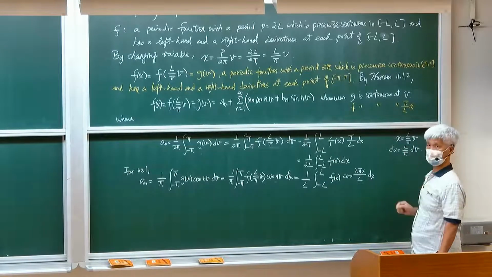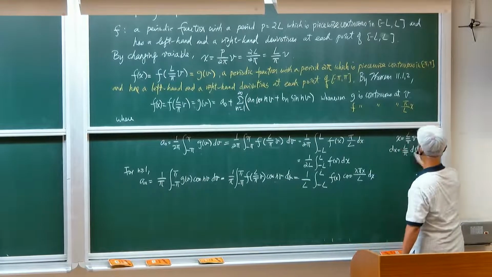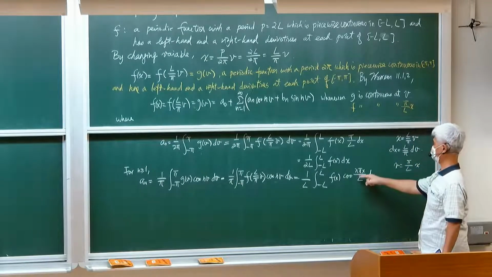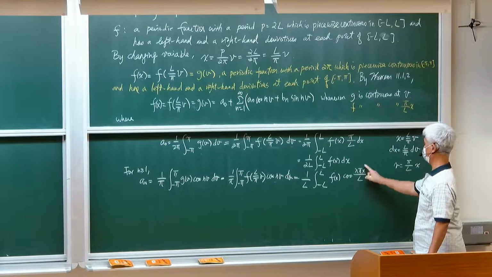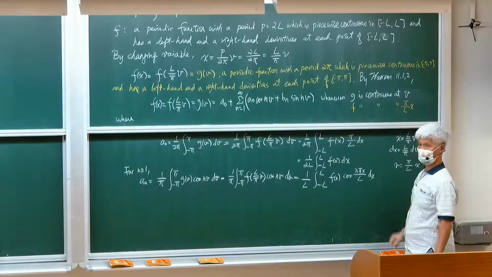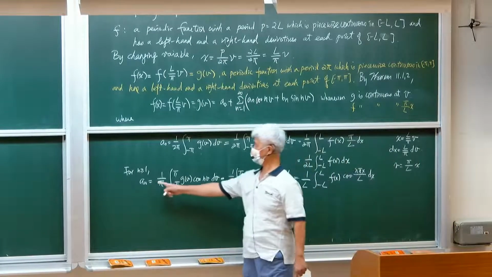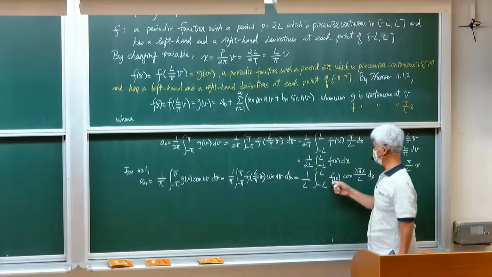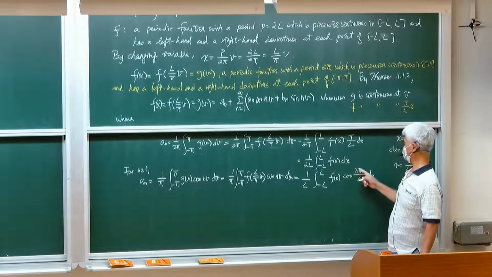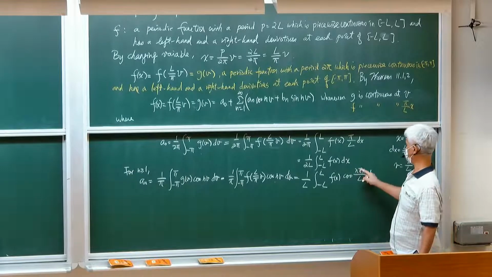Because v is equal to pi x divided by L. So that's why we have this here. Okay, so the An can be computed directly from f of x, but you have to use cosine n pi x divided by L.